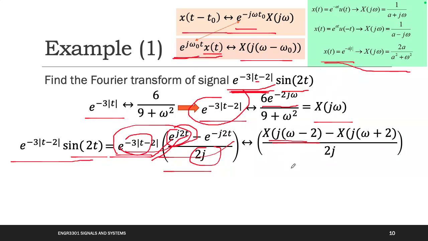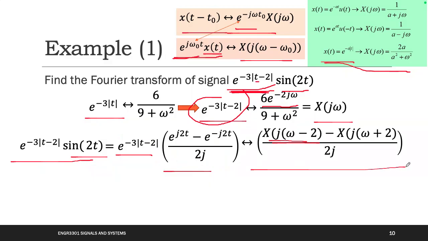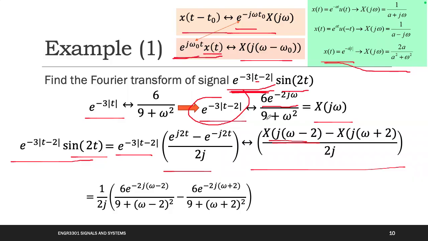Okay. And then you can see for the whole part, you get the FT, so this one. That makes sense to you? And then, because this one equals this one, and this one equals this one, just put this in. That makes sense to you?